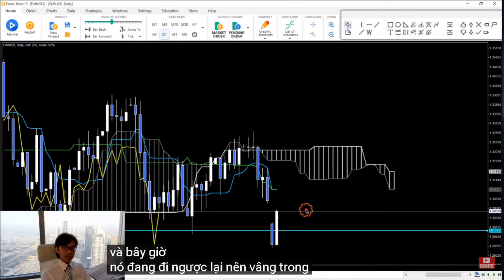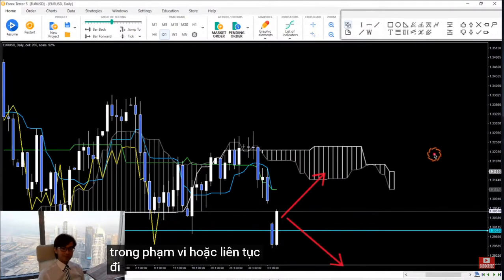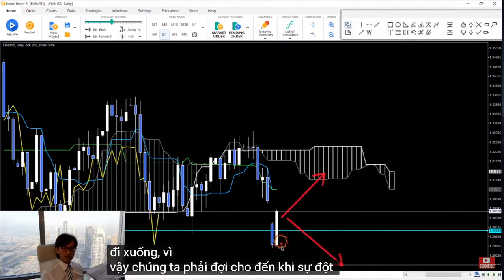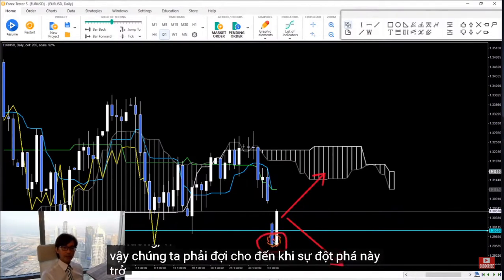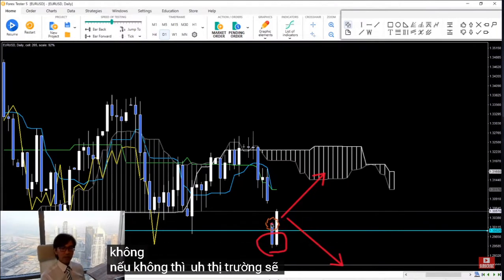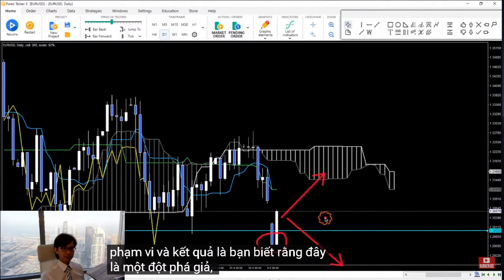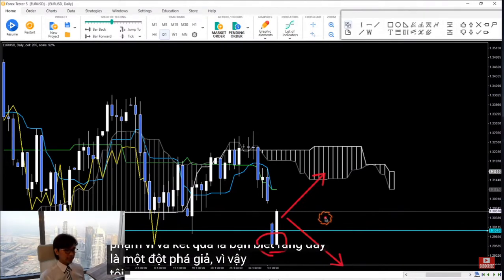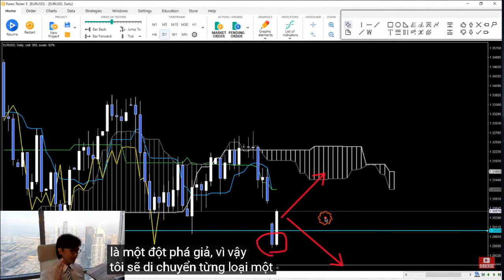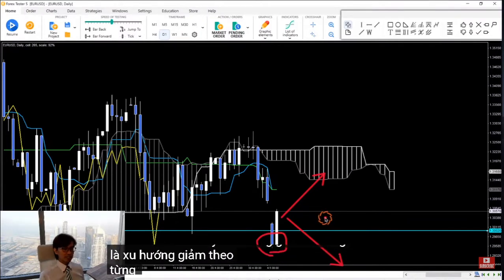In this case, it could go into a range or continue down. So we have to wait until this breakout becomes a sign of the downtrend or not. If not, then the market will become a range, and as a result, you know that this is a fake breakout. So I will move the candles one by one until I see a clear downtrend as per the Ichimoku lines.